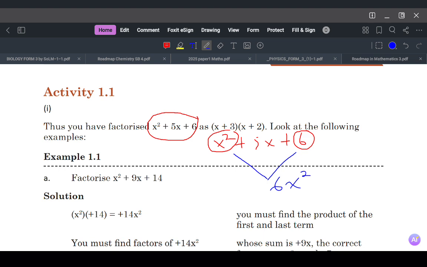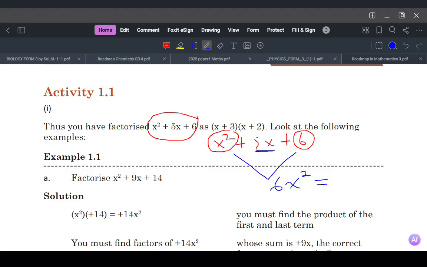Having done that, you split the 6x squared into two products or factors whose sum should give you the middle term. In this case, the middle term is 5x.